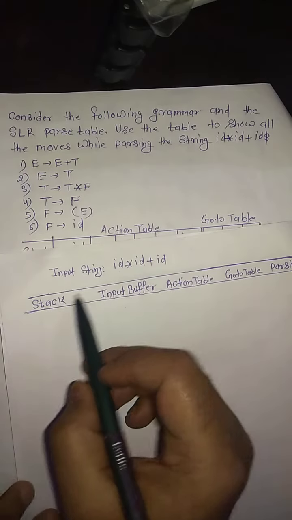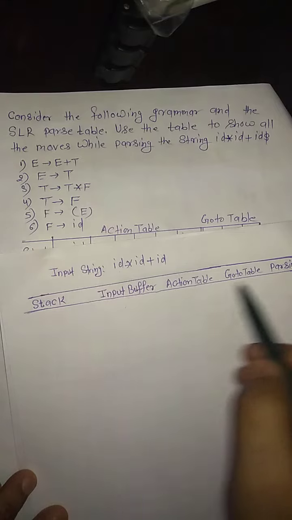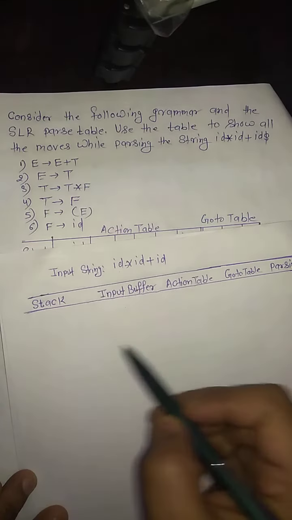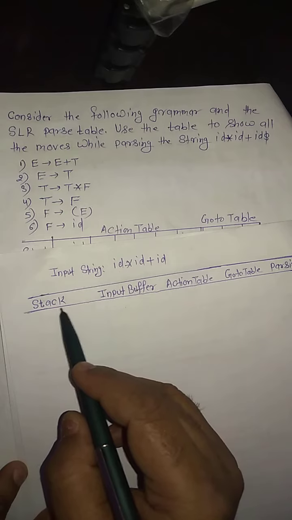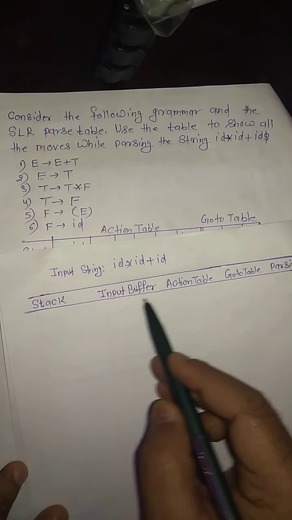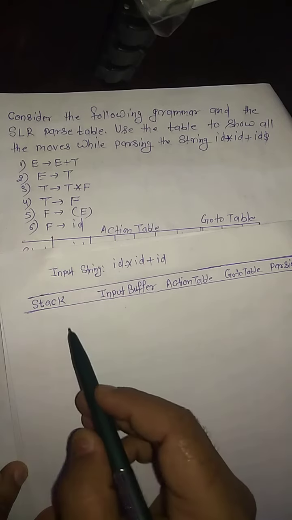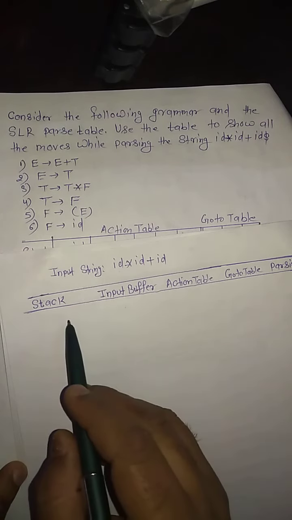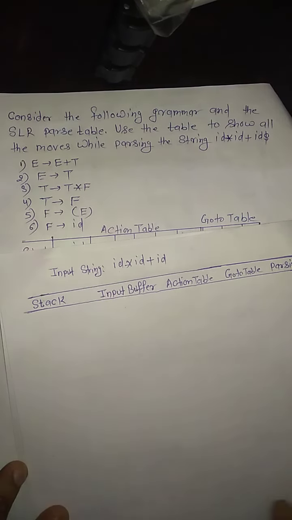So here, this is the parsing table for parsing the string. In the first columns you write the stack, input buffer, action table, go to table and parsing action. The basic data structures for parsing this string are the stack and the input buffer.